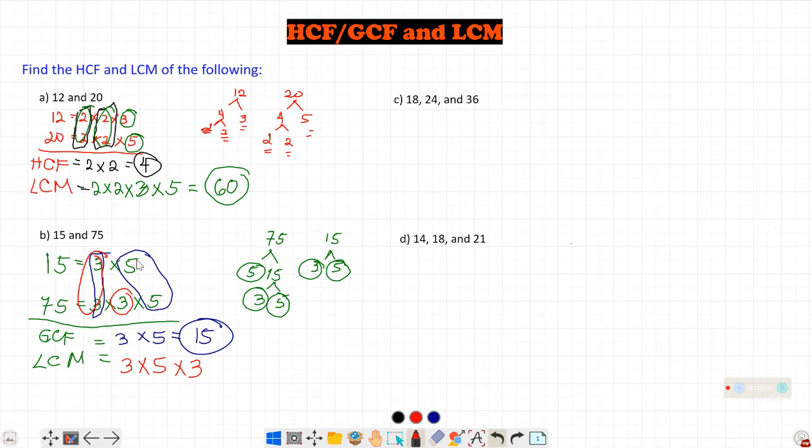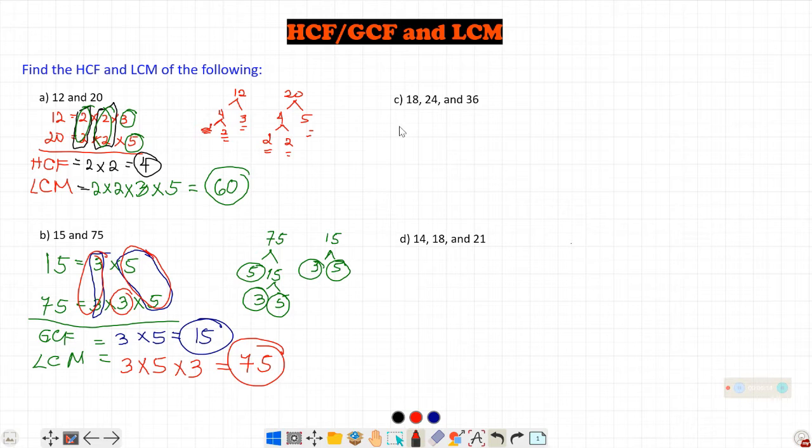So 3 common, 5 common, and then the 3 here that's alone, we write it down also. So the LCM of both 15 and 75 is 75. That's how we get the LCM and HCF of two numbers.